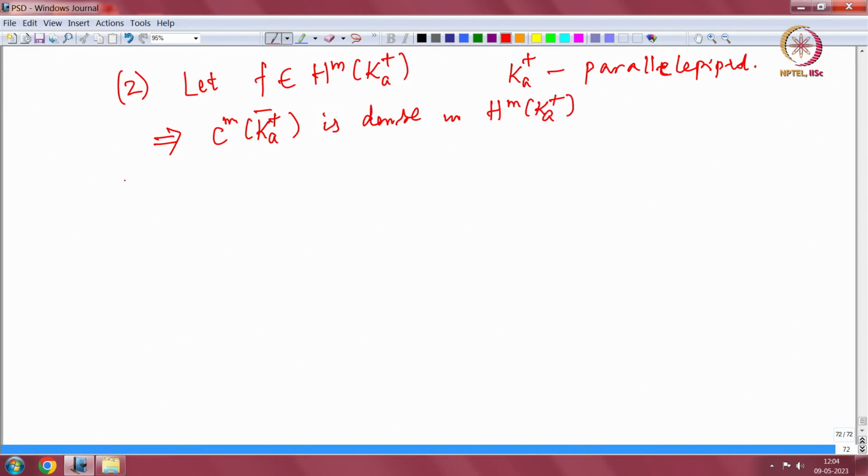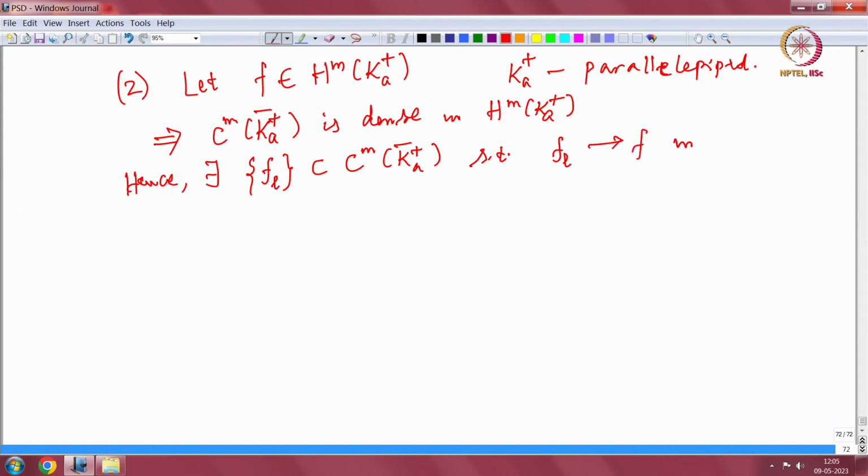So therefore, hence there exists a sequence. Let me use index FL in Cm Ka plus bar such that FL converges to F in Hm Ka.